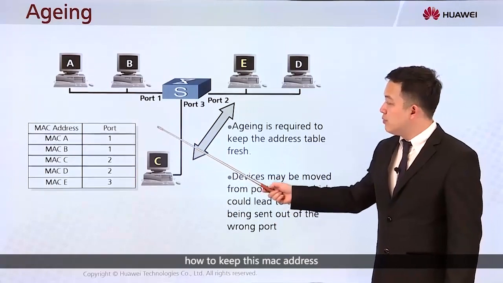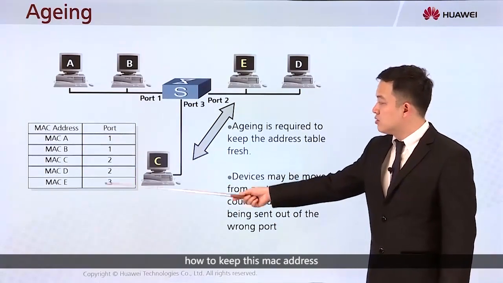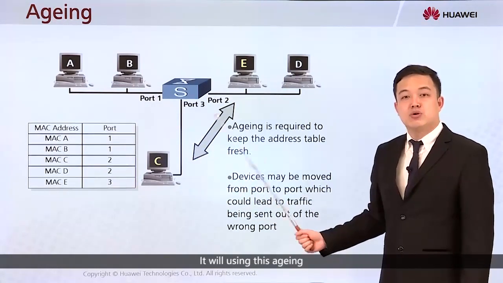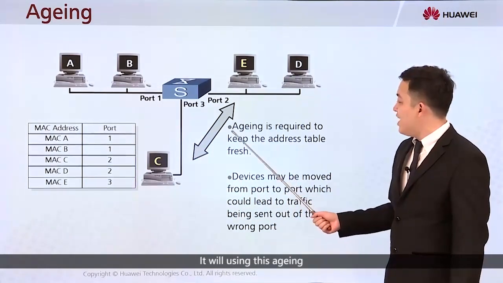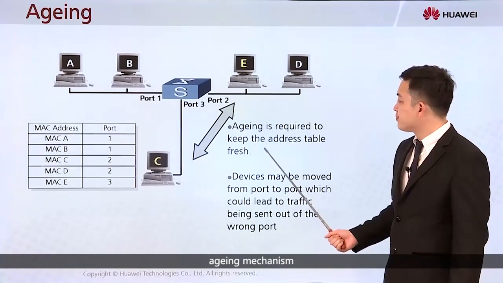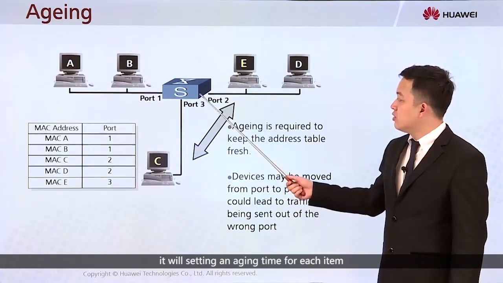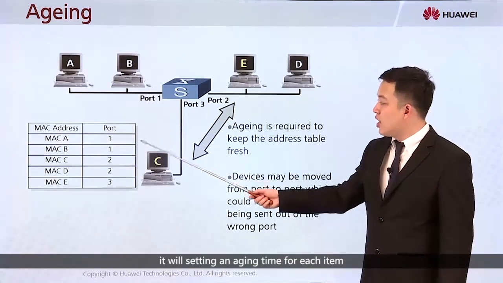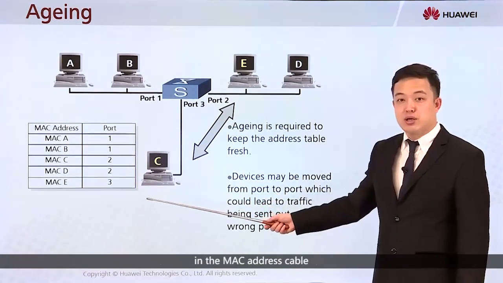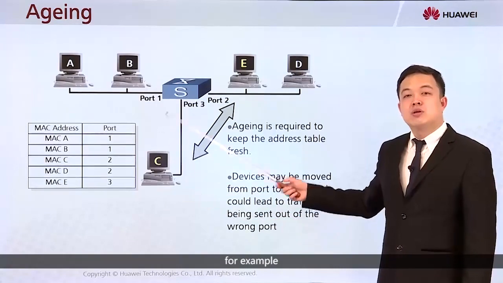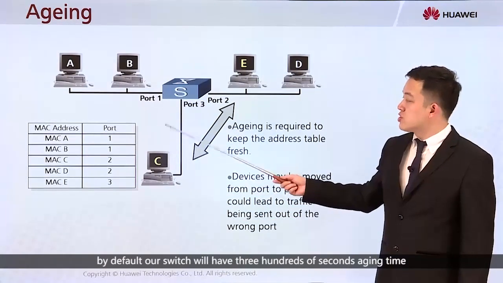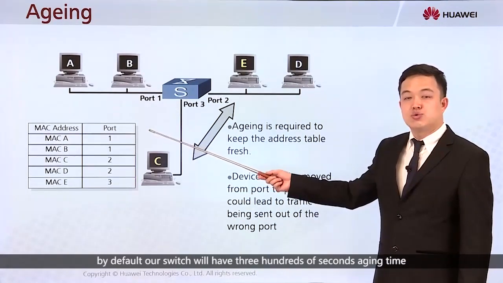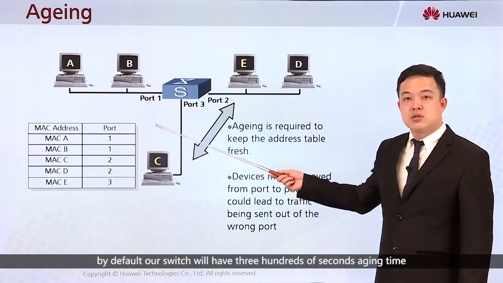But how do we keep the MAC address table fresh? It uses this aging mechanism. It sets an aging time for each entry in the MAC address table. For example, by default, our switch has a 300 seconds aging time.